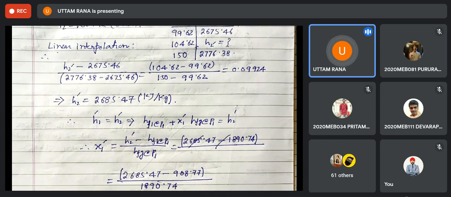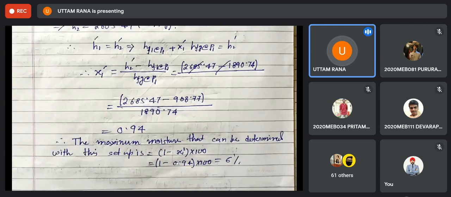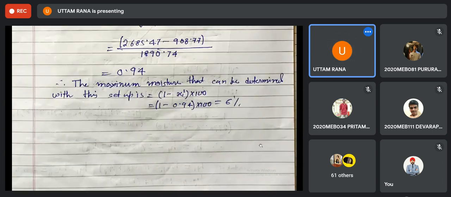So that quality is obtained to be 0.94, and the maximum moisture that can be measured is extracted from that quality, which will give you the moisture content. In percentage, it is 1 minus 0.94, which is the minimum quality, into 100, that will give you the 6%. So maximum moisture content that can be determined with this setup is 6%. Okay, got this?